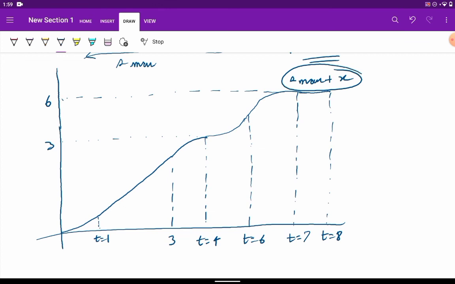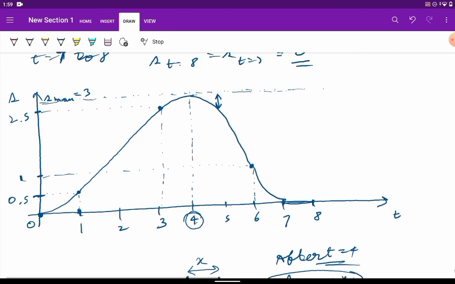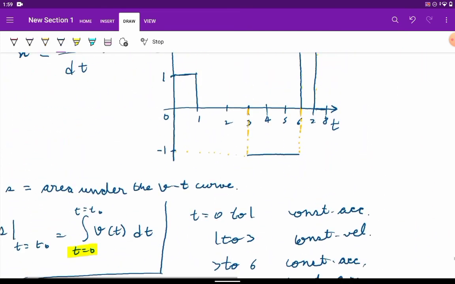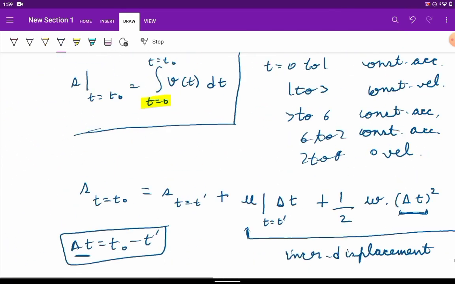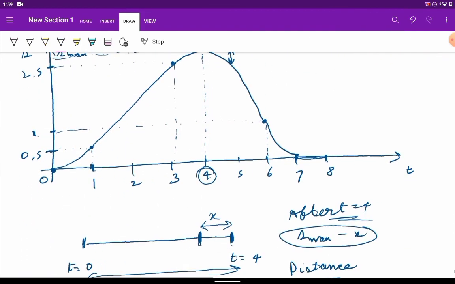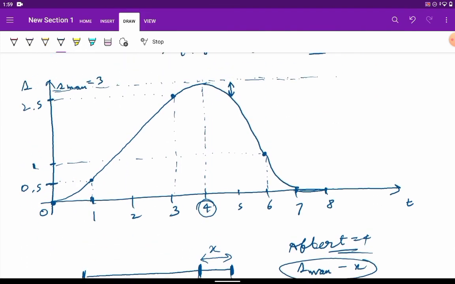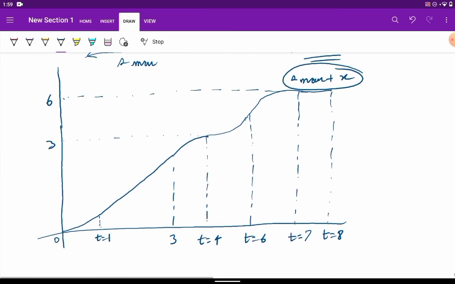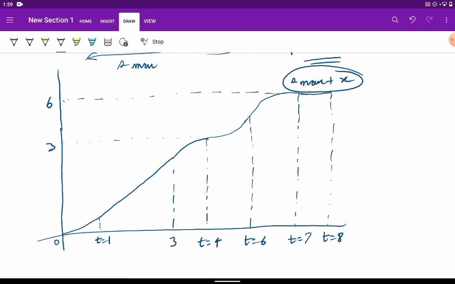So basically we got the curves for all the three. This is the curve for v versus t, this is the curve for the x coordinate or s versus t, and this over here is the rough approximate curve for the distance with respect to time. So thank you.